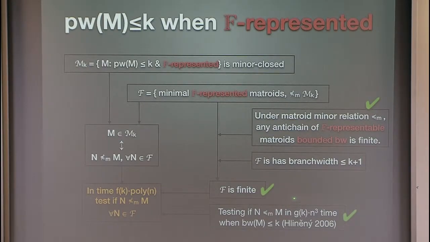So if you take some minor of it, there should be a minor which has pathwidth K plus 1, so it's not minimal. So they have branch width bounded by K plus 1, and F satisfies the condition of this statement. So F is finite. And then we can use some machinery by Hliněný to make minor testing. So now we have an FPT algorithm for testing pathwidth at most K.